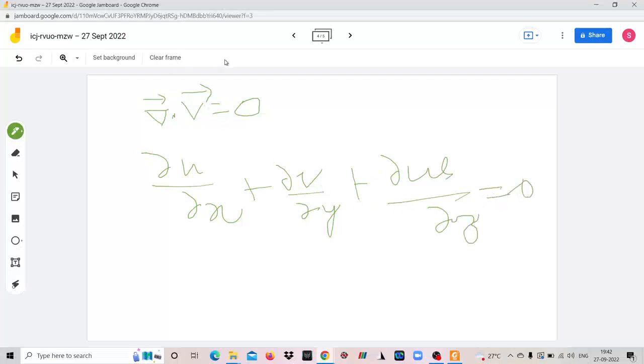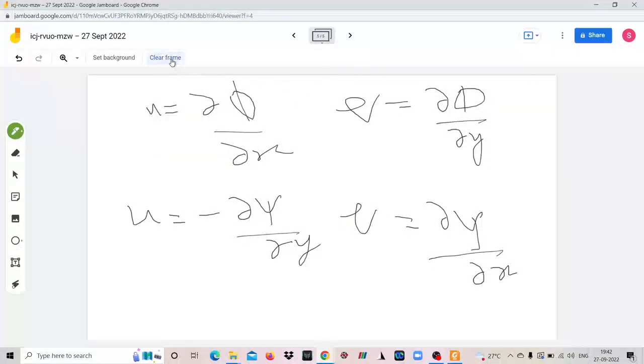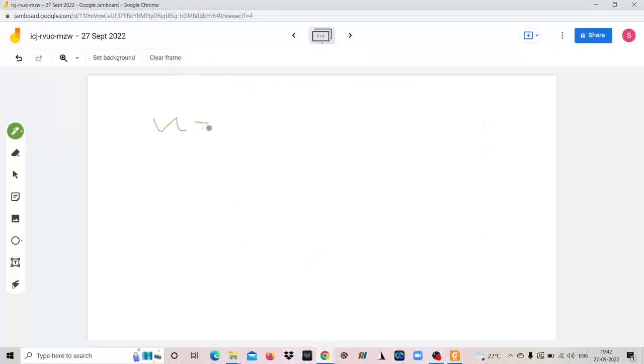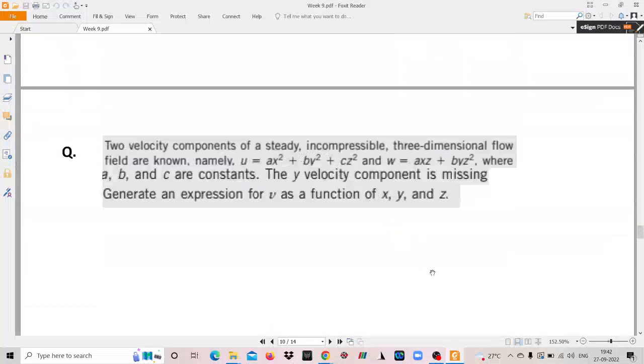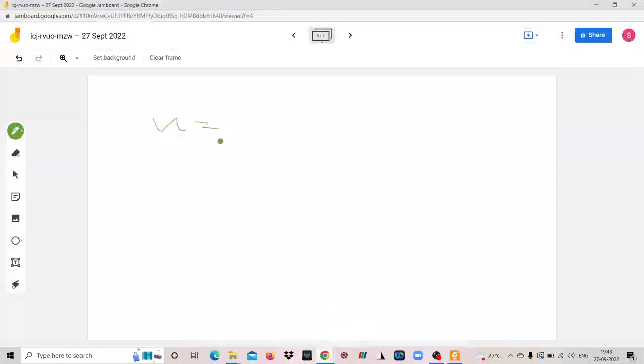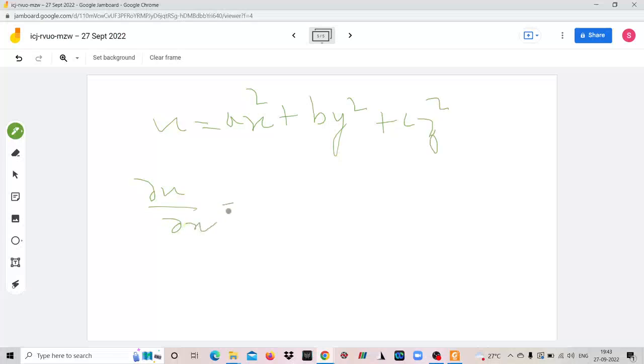Now what is the expression for u? Expression for u is ax square plus by square plus cz square. So what will be del u by del x? Del u by del x will be twice ax.